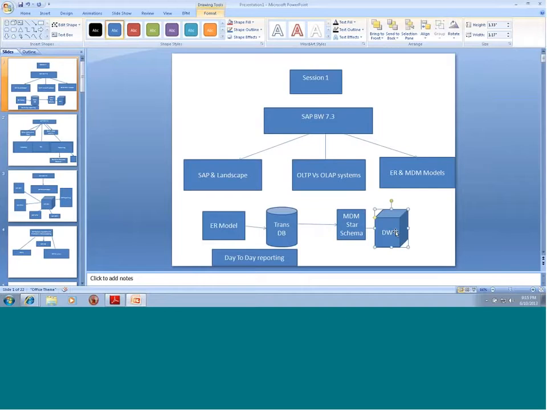So a transaction system holds less volume of data, but in the case of a data warehousing system, it holds historical information. To store data, a transactional database is designed using an ER model. A data warehousing system is designed using an MDM model. A transactional database is made highly efficient for updates, deletes, and inserts.